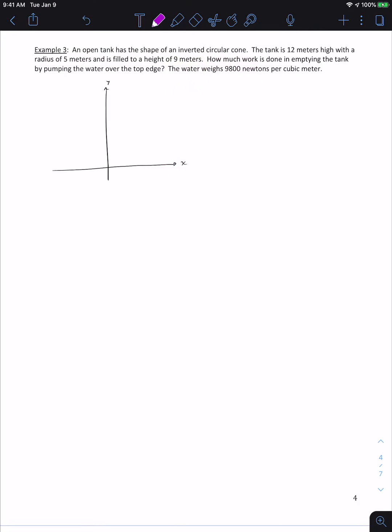So I'm going to draw my cone. And we know the radius of this cone that's given in the problem. That radius is 5 meters. And we know the height of this cone is 12 meters.